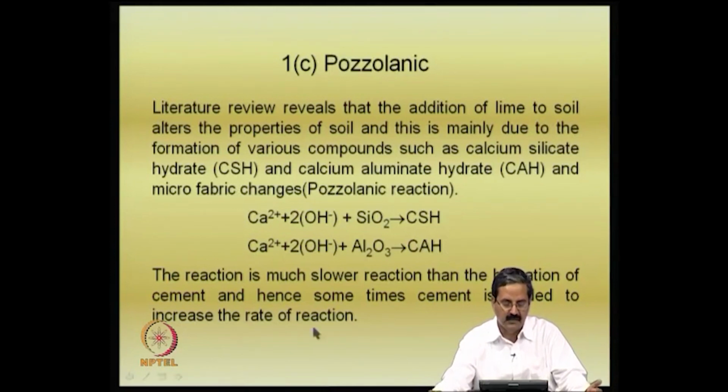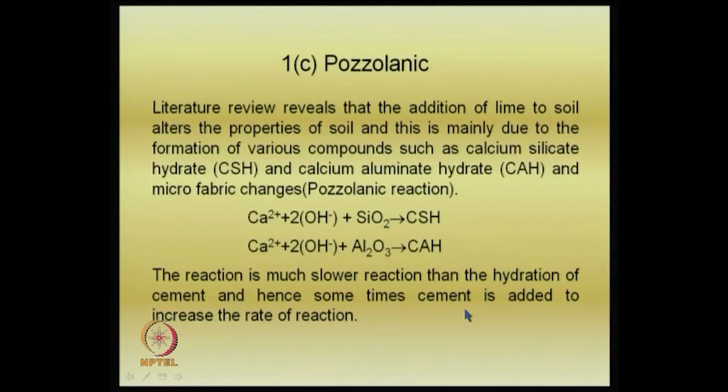So, this is one important reaction, and the formation of the compounds is a very valuable addition to the actual response. Sometimes we also add a bit of cement, because cement reacts faster, and the formation of compounds is much faster compared to soils.